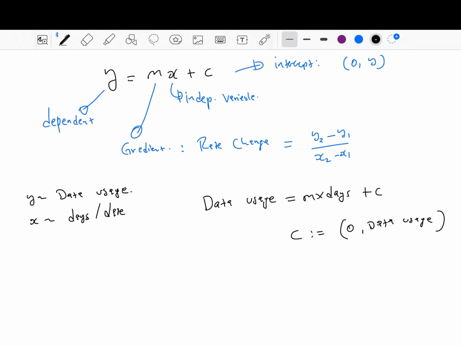When we haven't started the time to use your data, then your data has not been used. So at day 0, your data usage is 0. Make sense? When day is 0, therefore your data usage is 0. So your C is equal to 0. C is an intercept. When you're having day 0, your data usage is 0. So therefore your C is 0.